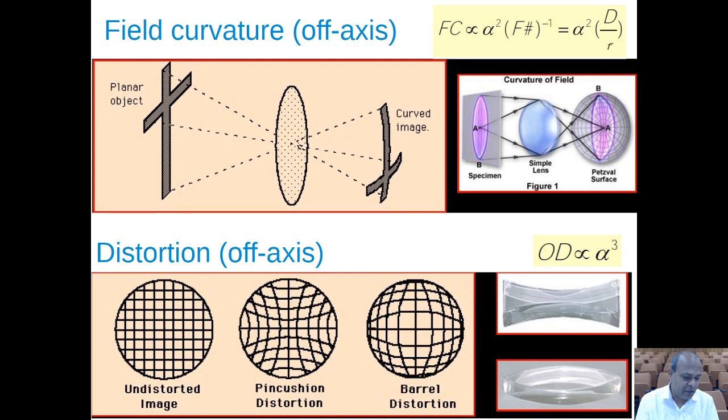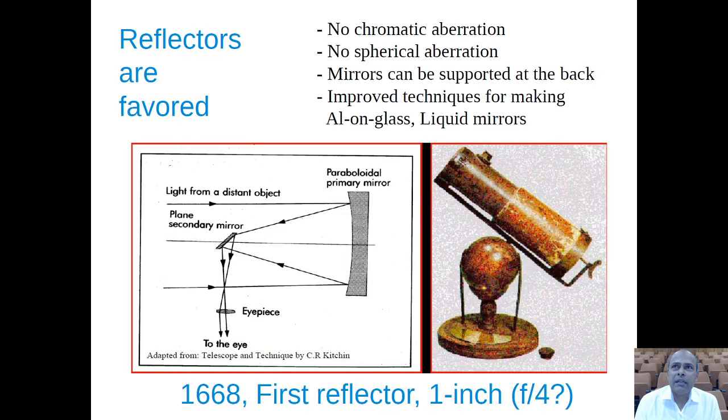Now we come to the telescope configurations. With reflectors, what you see here is a paraboloid primary mirror, and there is a secondary mirror, and it is focusing to the image plane or eyepiece, with light coming from a distant object. Reflectors are favored in comparison to refractors, because they do not have any chromatic aberration, and no spherical aberration when you are using paraboloidal mirrors, and mirrors can be supported at the back.